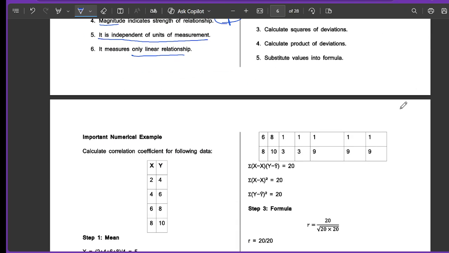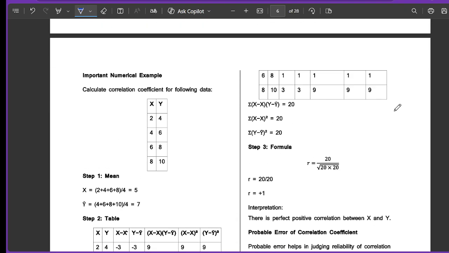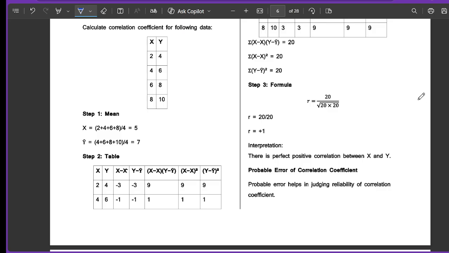Now let us try to calculate the correlation coefficient by this data. Suppose we have the values of x here. This is variable 1 and it has the following values, and y has the following values, and now we need to calculate the correlation coefficient, or r. So how are we going to calculate?